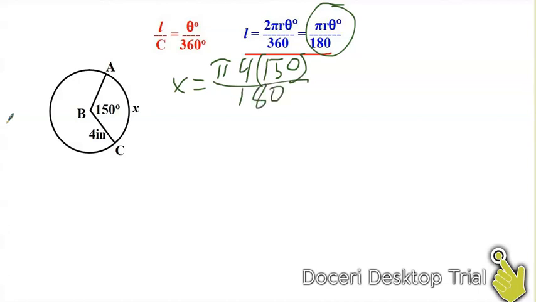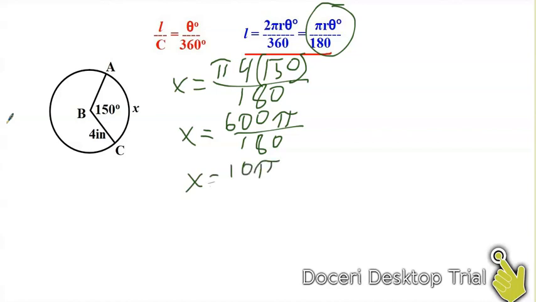I do want to simplify my fraction since I'm here. So let's multiply that out, and we have x is equal to 600 pi over 180. Those are both divisible by 60, so x is equal to 10 pi over 3.